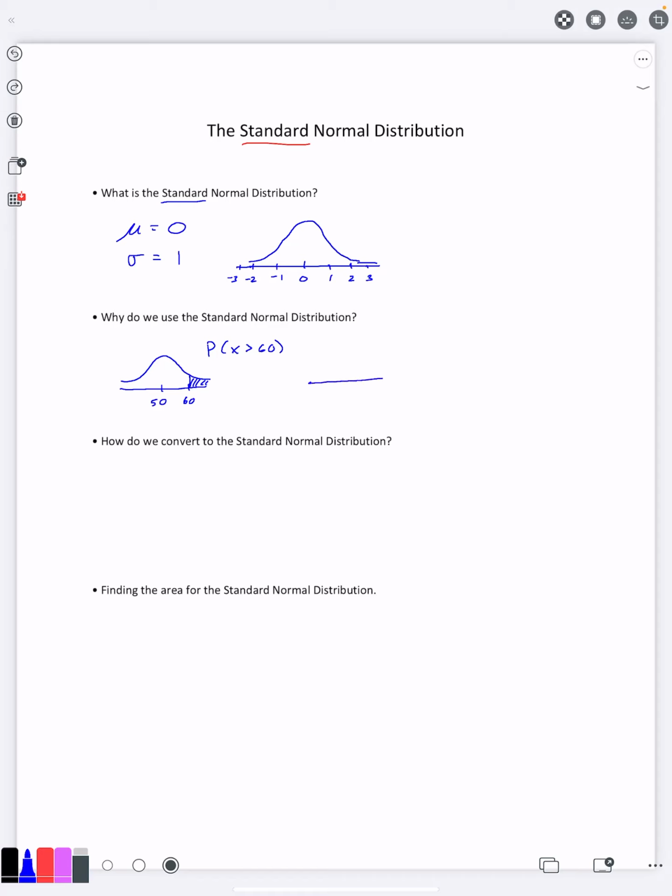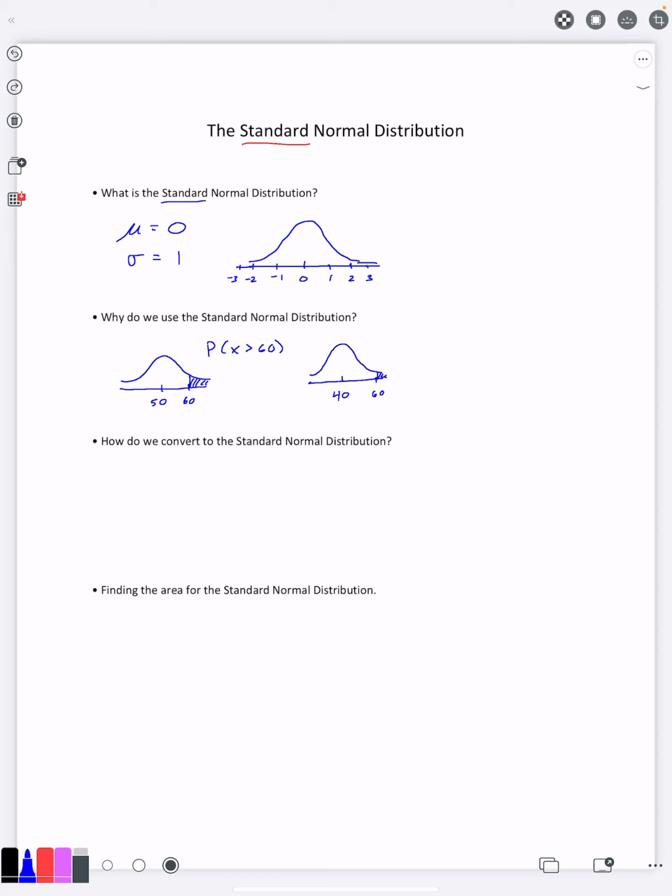However, if I had a different normal distribution, where now my center is, say, at 40 here, and I want to find the probability that x is bigger than 60, we're generally going to have a different area there. So it's not like I can look up on a table and say, I want the area bigger than 60, and I get the number, and then that's it, you're done. Because you would need to have a table for every different mean. In fact, you have to have a table for every different mean and every different standard deviation, and that'd be a nightmare.